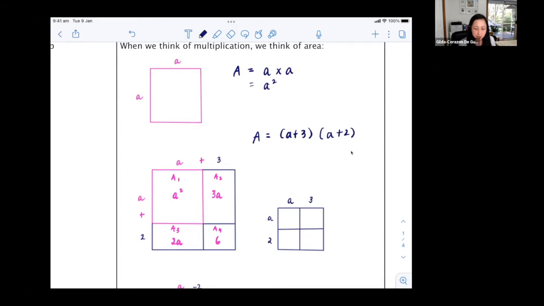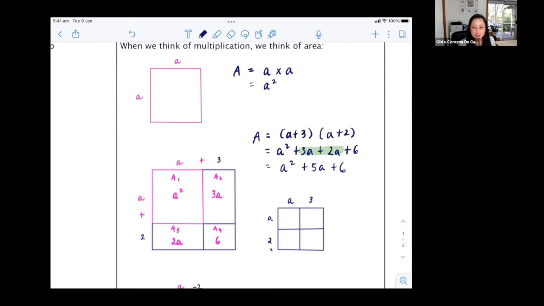What did we say a while ago that we would do with those areas? We simply put them together. If we write them down, what do we notice about these two terms? We can combine them because they are like terms. 3a plus 2a is equal to 5a. Therefore, we've got a squared plus 5a plus 6 as the area of this new rectangle.